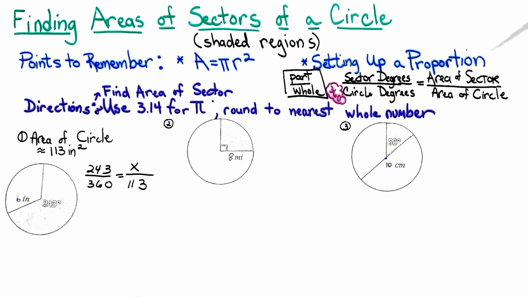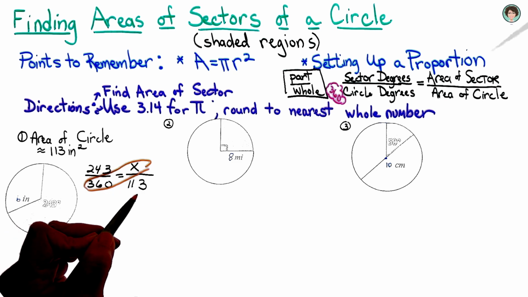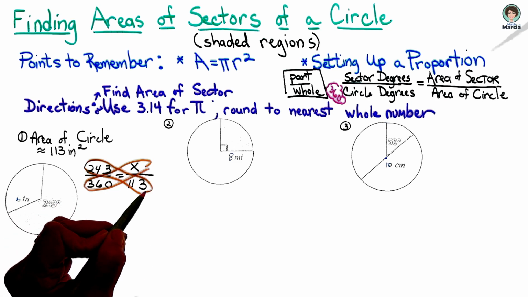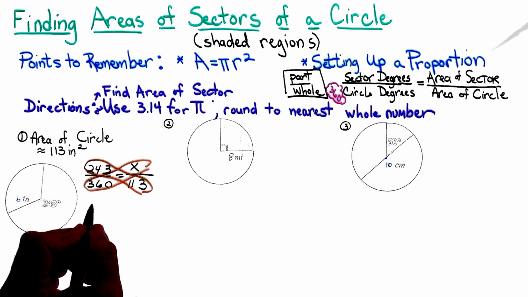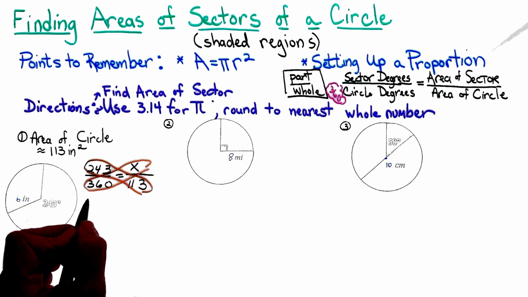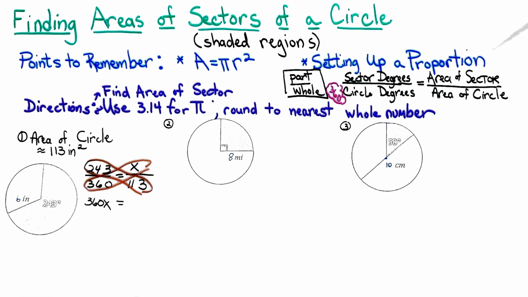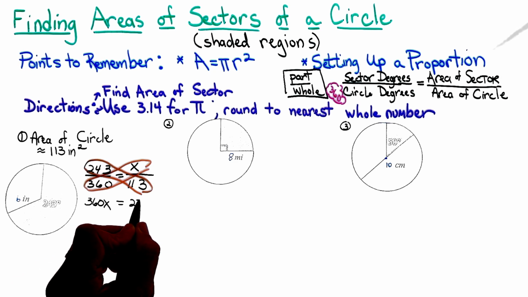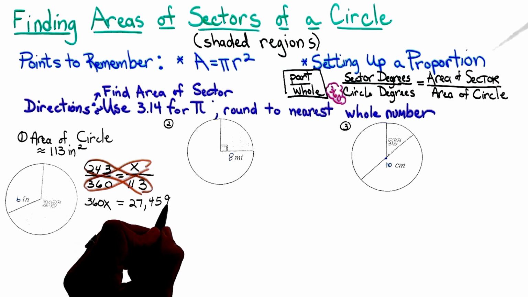So if you remember with solving proportions, you do cross products. And I'm circling our multiplication that we're going to be doing. If you look at those orange circles, they kind of look like a multiplication sign, so it reminds you, yes, you do need to multiply. So I'm going to multiply 360 times x, which is 360x. 243 times 113 is 27,459.